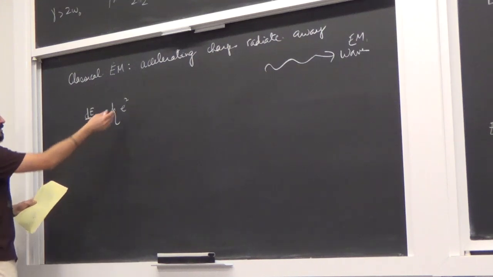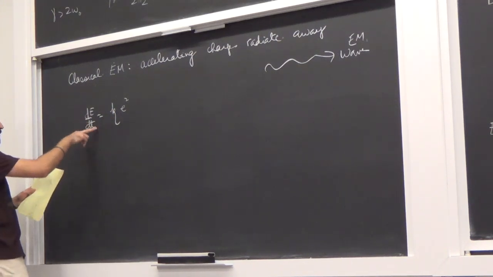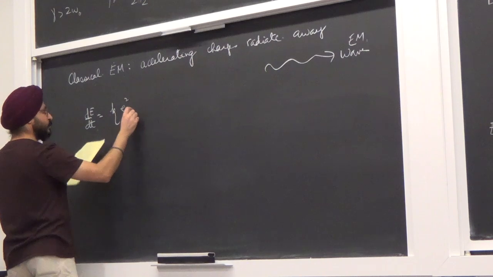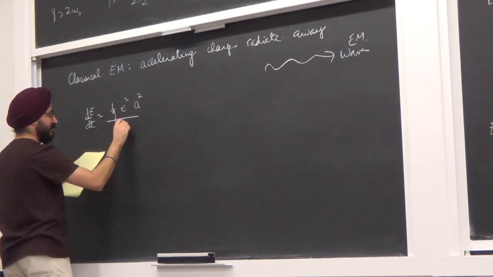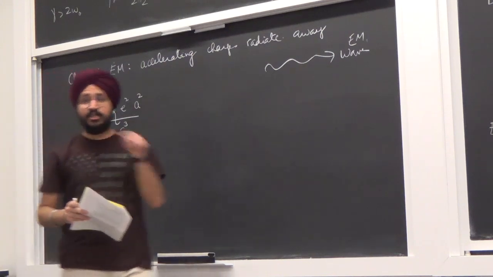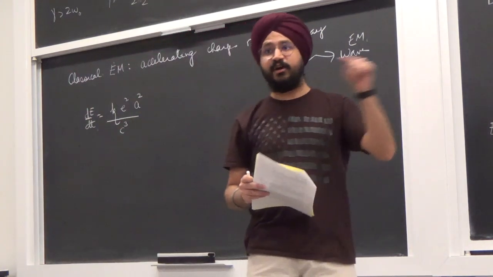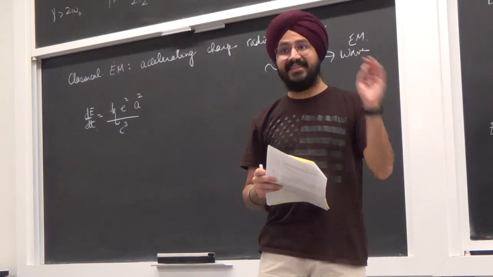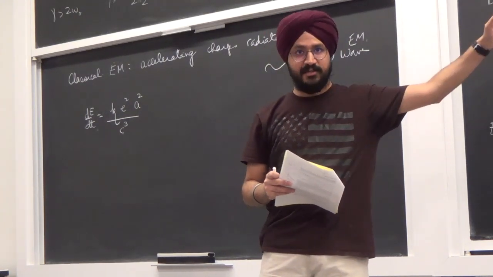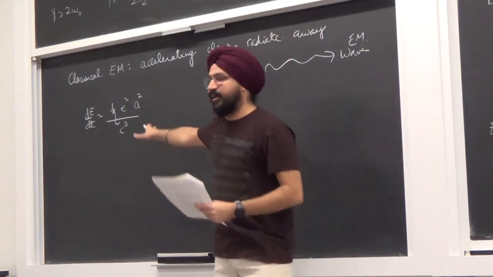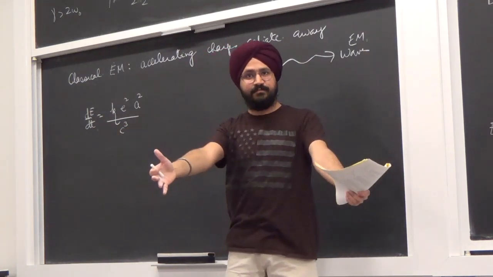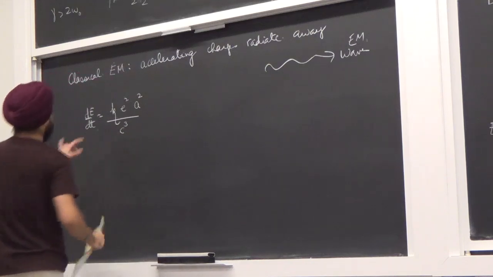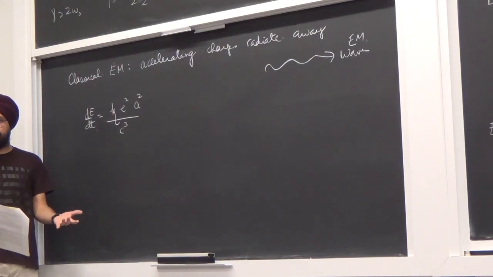When it oscillates, it radiates away, or it loses energy at this rate: e squared, acceleration squared over speed of light c. Okay? This is not viscous damping. This is not friction. This is electromagnetism. Once you compute it, this is what you find. You won't actually find how you get this, but this is given to you. At this rate, the energy is falling down.